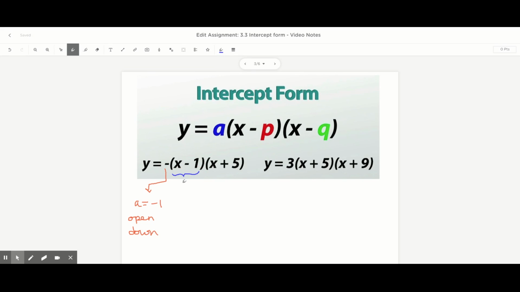That tells me I have an intercept not at negative 1, because the equation has the minus. My intercept is at positive 1, just like what I did with my vertex. And then here I have an x plus 5, so my intercept here is going to be (negative 5, 0). These are my x-intercepts.